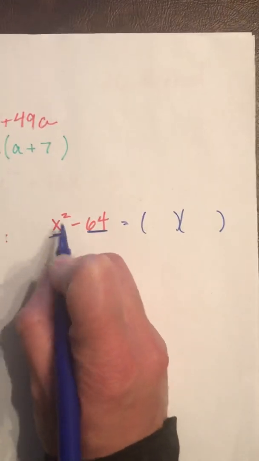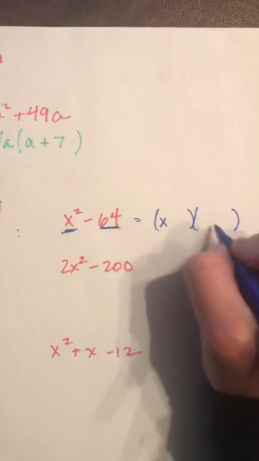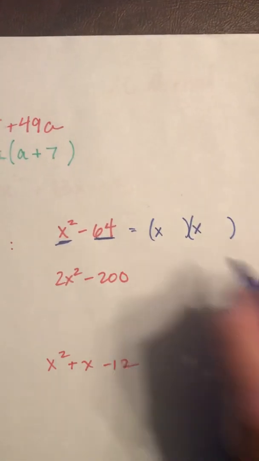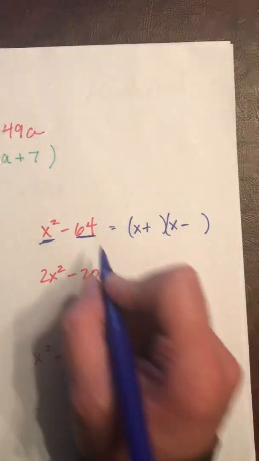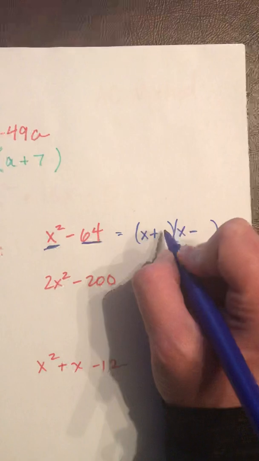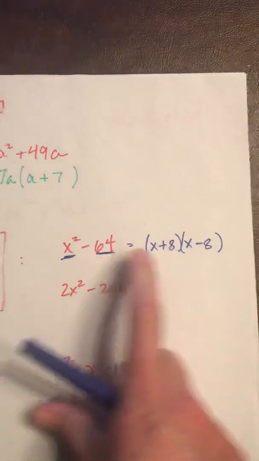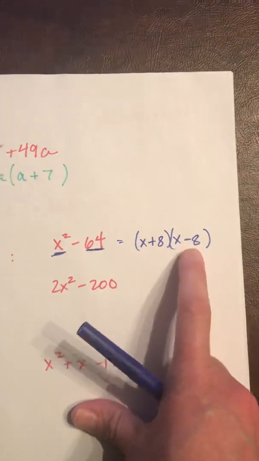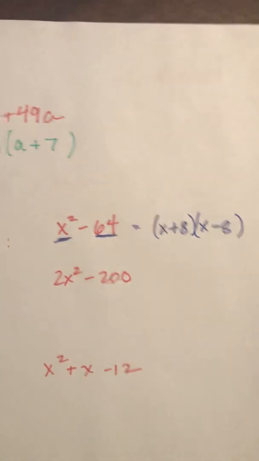You take the square root of the first term, so the square root of x squared is x. You make one parenthesis positive, one negative, doesn't matter which order. And then you take the square root of this number, so the square root of 64 is 8. So this factors into x plus 8, x minus 8. And that's what we call a difference of two squares.